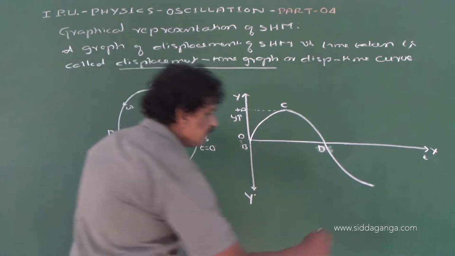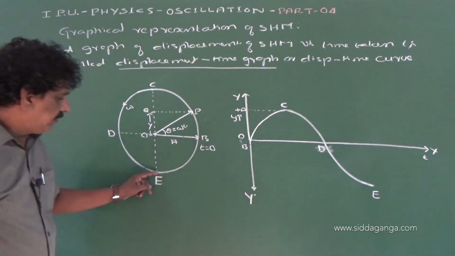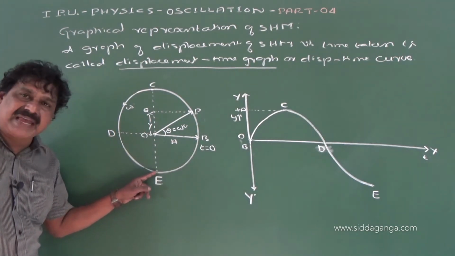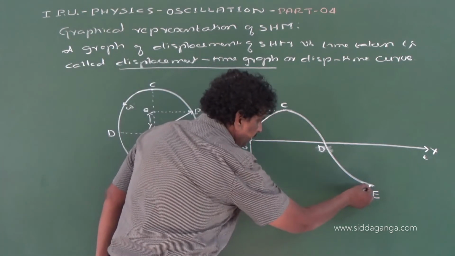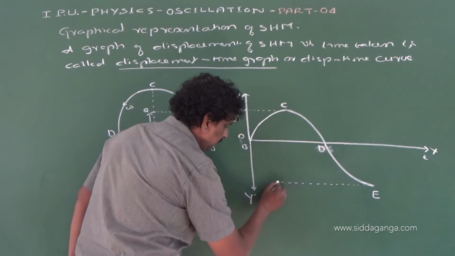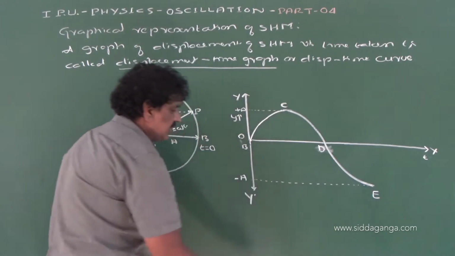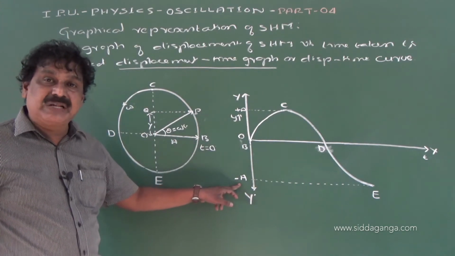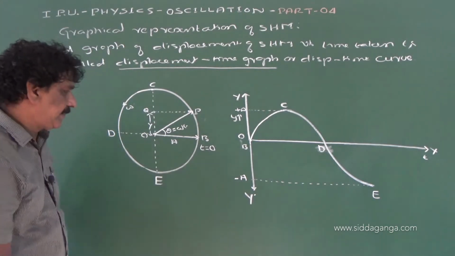This is the point E. Now the oscillation has reached the maximum displacement position in the negative direction. This is represented by minus A, that is the maximum displacement or amplitude in the negative direction.